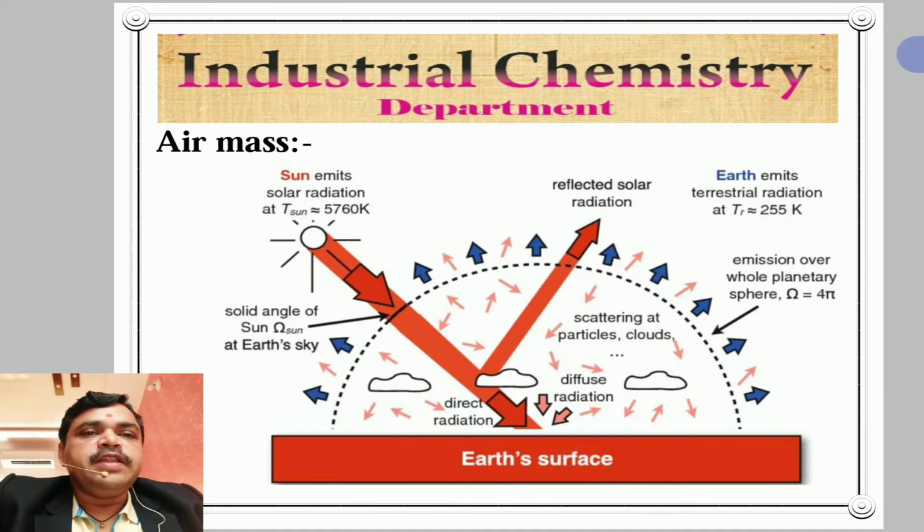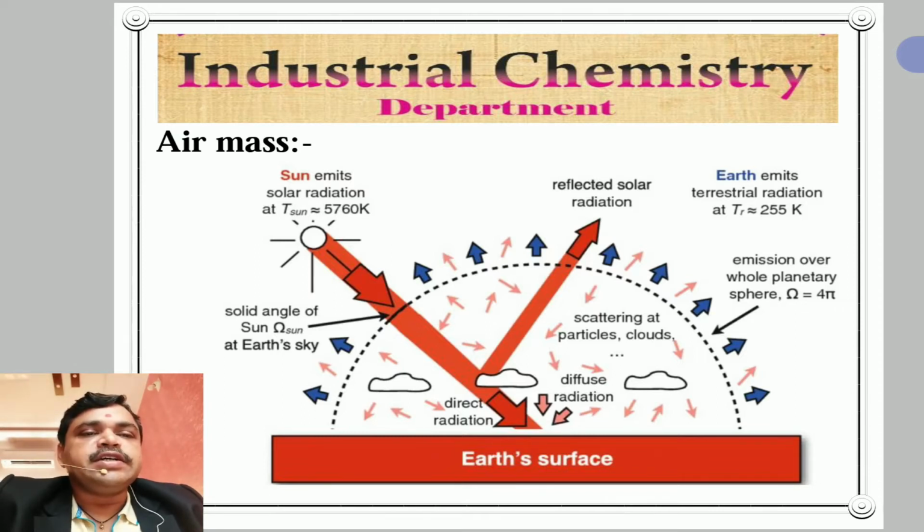Now, we see the figure for the structure of air mass. So, what is the air mass? The measure of the distance traveled by beam radiation through the atmosphere before it reaches a location on Earth's surface is called air mass.